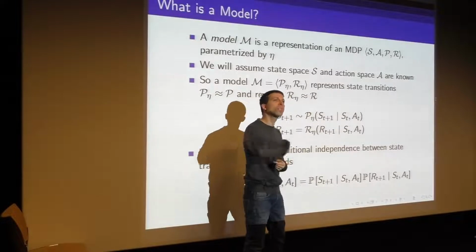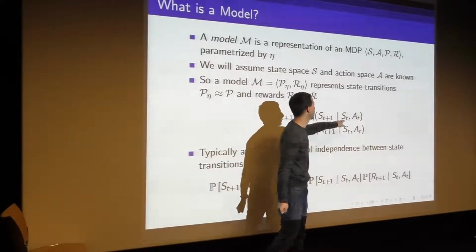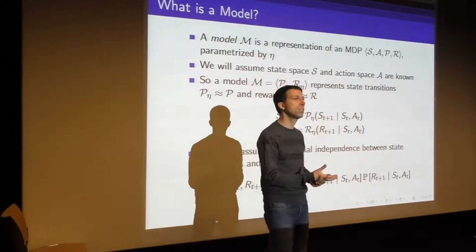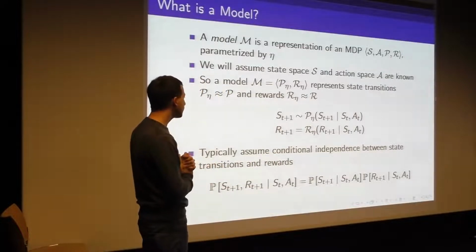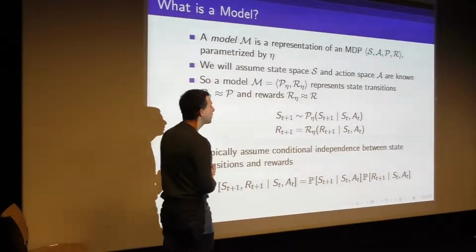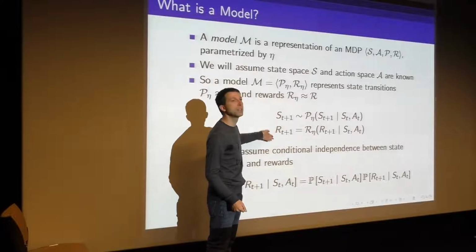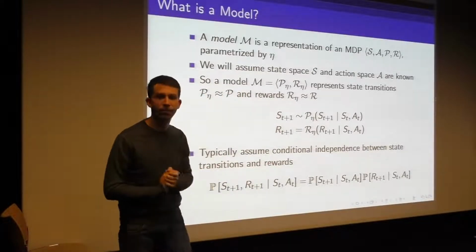And so you only need one step of experience to learn this thing. You get an example, you can learn this thing, you started in state s_t, you saw state s_t plus 1, you can already learn. You don't need to look at successive state transitions after that. And for this particular definition, we typically assume these things are just independent. We can learn them separately. It's easy to change that.